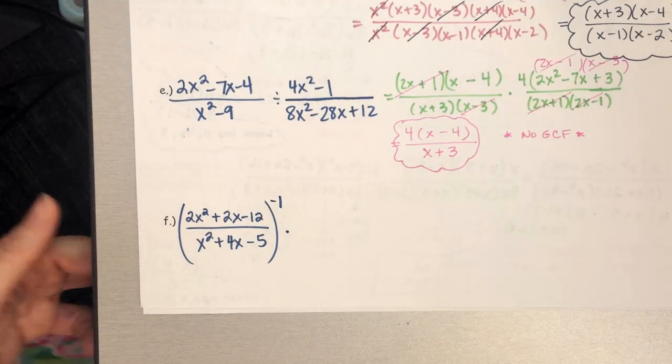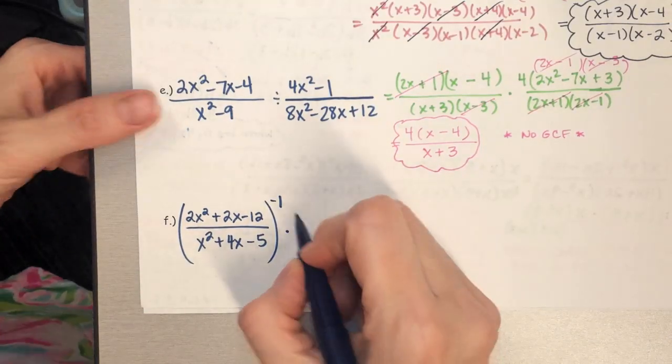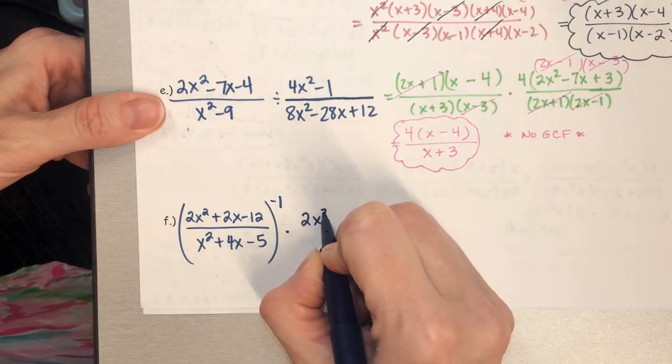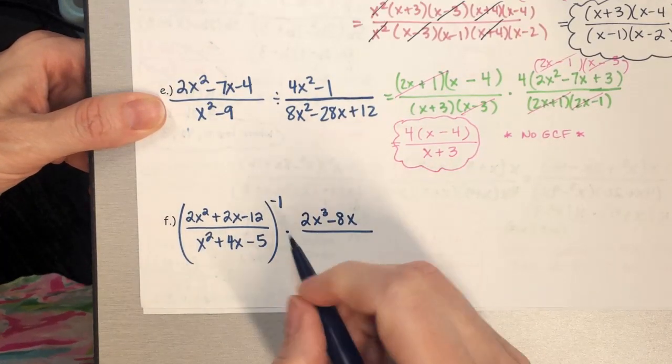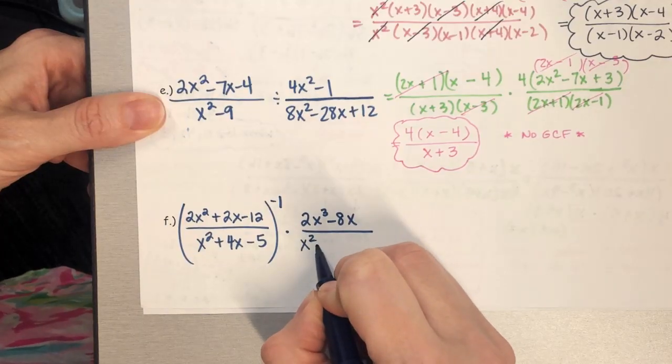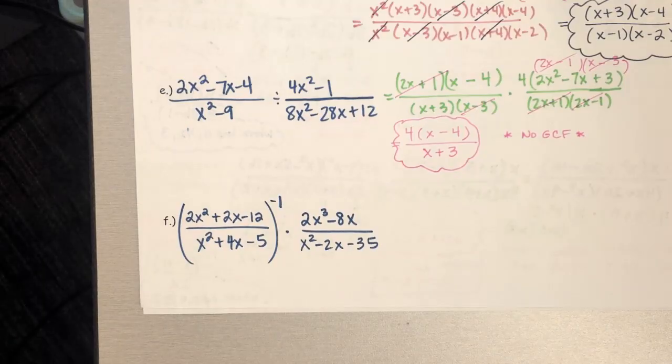And all of that is raised to the power of -1. And then it is multiplied by 2x cubed minus 8x over x squared minus 2x minus 35.